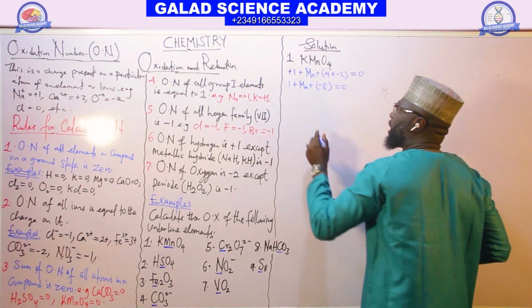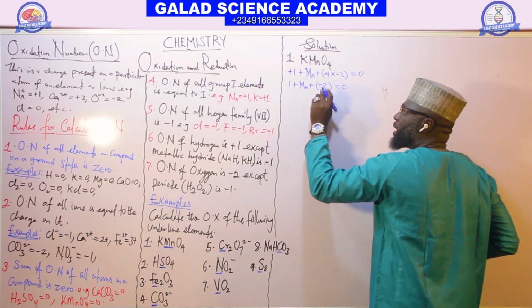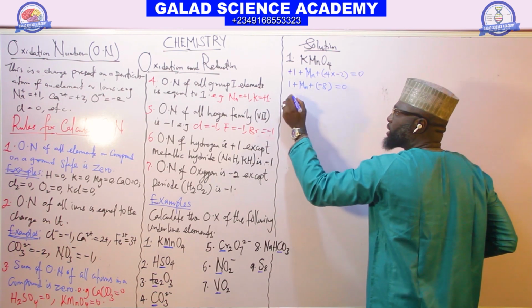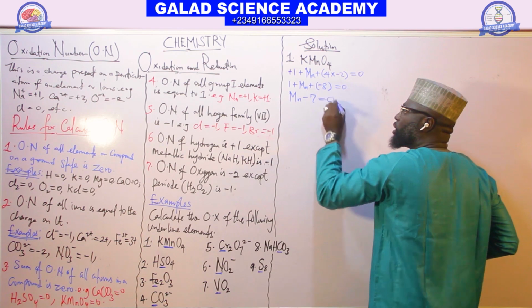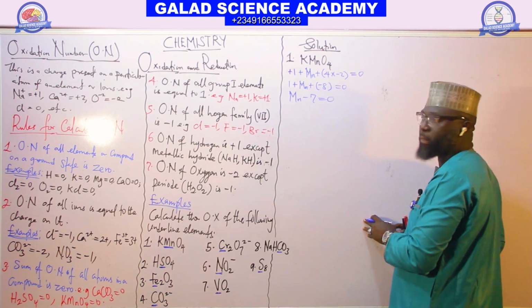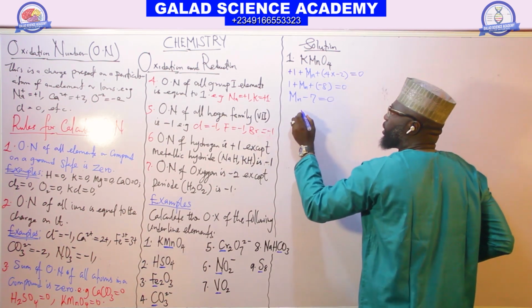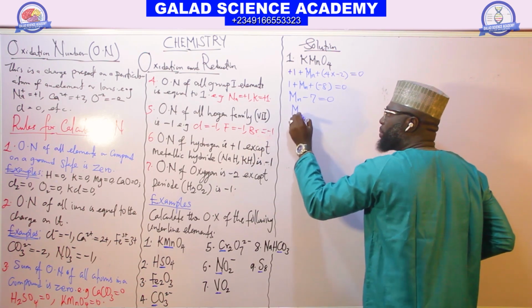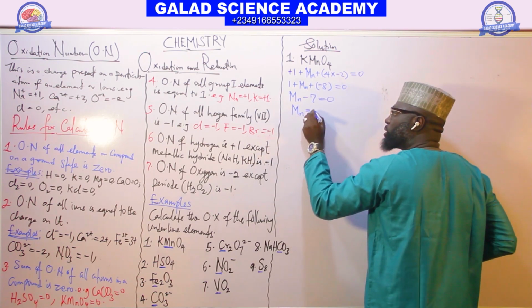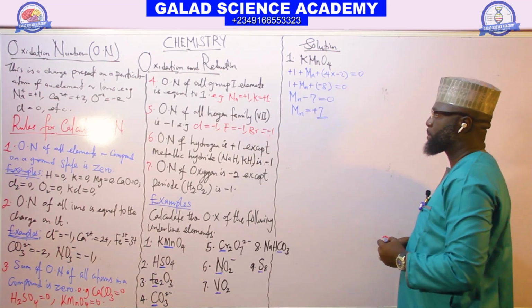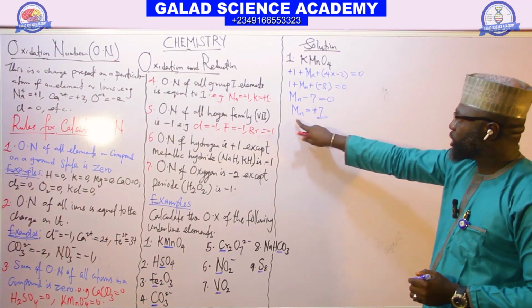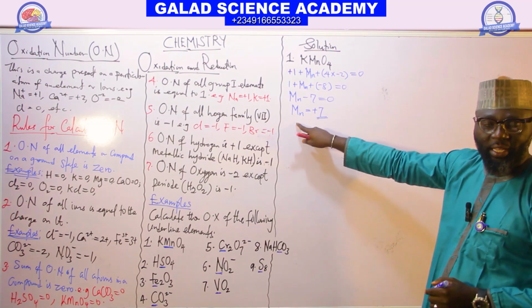So what are we going to have now? -8 plus 1 gives us -7, plus Mn equal to 0. Collect the like terms: Mn is equal to +7. That is the oxidation number for Mn here.